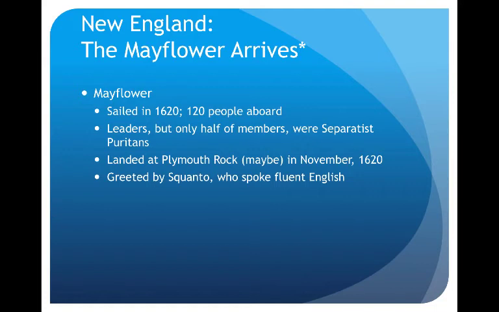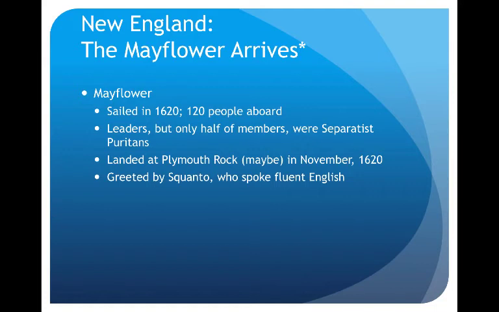When the Pilgrims arrived at Plymouth, though, they were greeted by a Native American named Squanto, who spoke fluent English, who welcomed them. And this is one of the great coincidences of American history, or maybe more. Squanto had been a Patuxet Indian. In 1614, he had been captured by the English and held as a slave. And during that time, he had learned English.